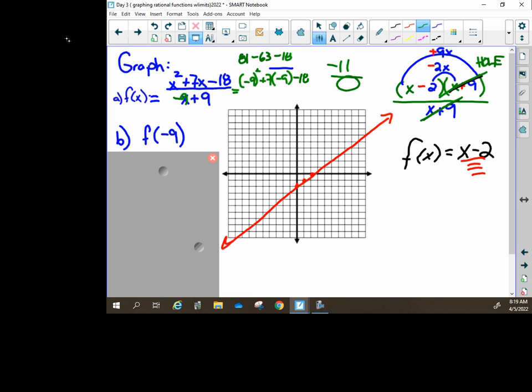So what I have right down here is that I get down here to 9, right at this spot, I got a little hole right there. The graph is continuous going up this way, and continuous going all the way down that way, but there's a little spot right there.